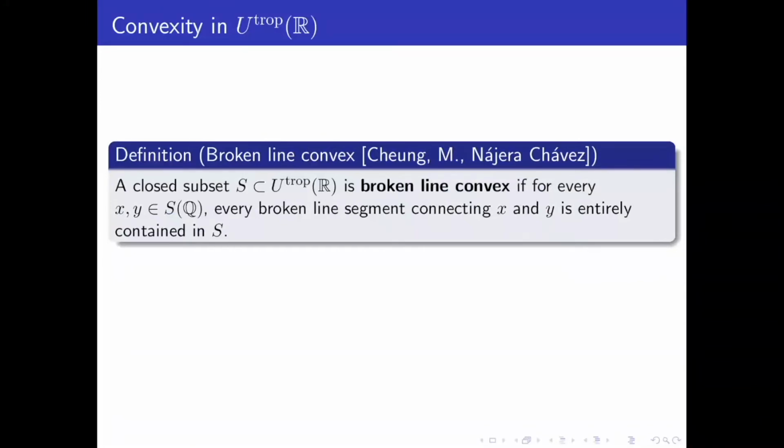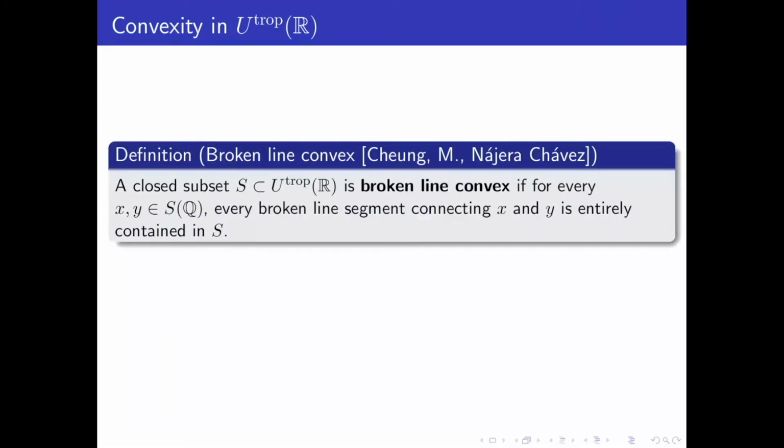So with that in mind, we make a definition. The natural way to generalize convexity from a linear manifold to this tropical space, this piecewise linear manifold, is essentially to replace lines with broken lines.